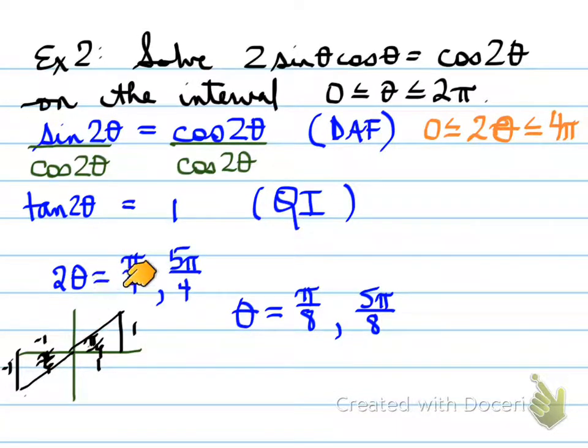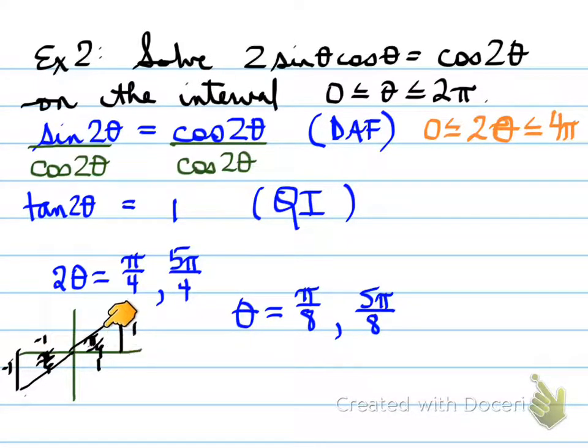So we need all of the possible values from 0 to 4 pi. 0 to 4 pi goes once around, that is 2 pi, 3 pi to go here, 4 pi to go here. So it's like going around in a circle twice to go 4 pi.